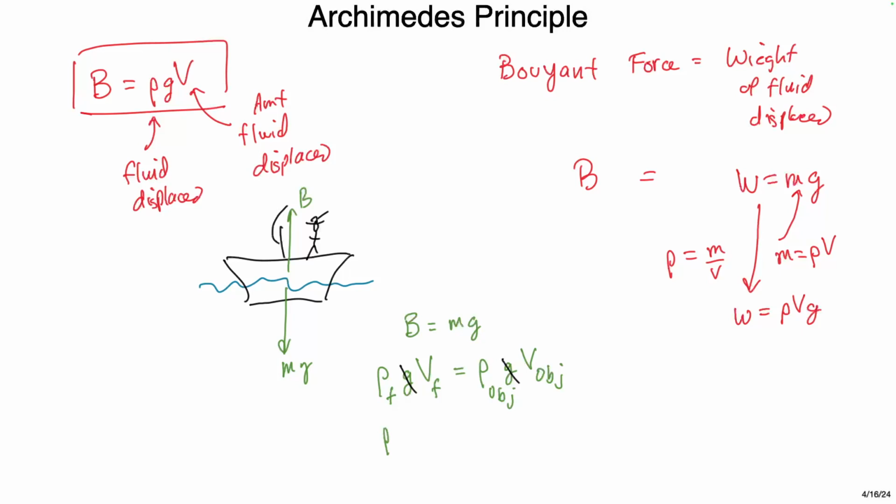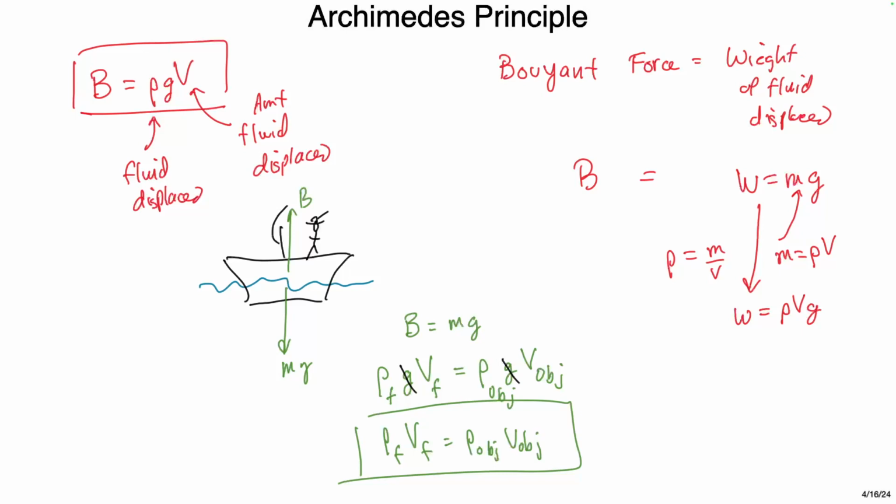What are we left with? Density of fluid times volume of fluid equals density of object times volume of object. Okay. What is this relationship trying to tell us? Trying to tell us lots of things.